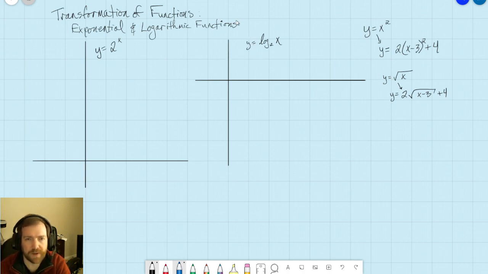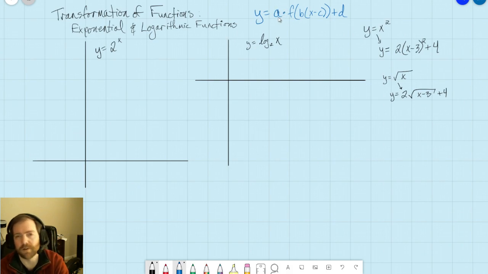So generally speaking, when we're talking about function transformations, we're looking at y equals a times some function of b times x minus c, all plus d at the end. And we talked about what all of these individual things do.